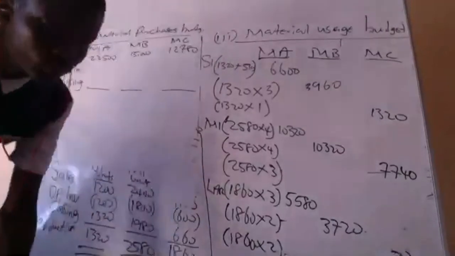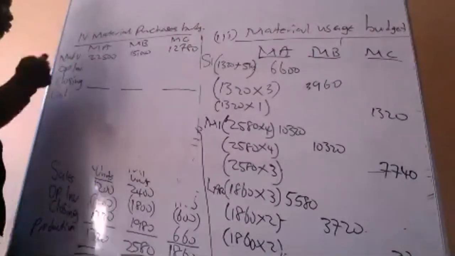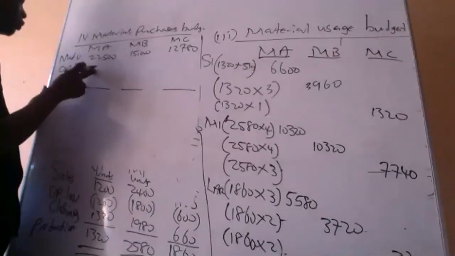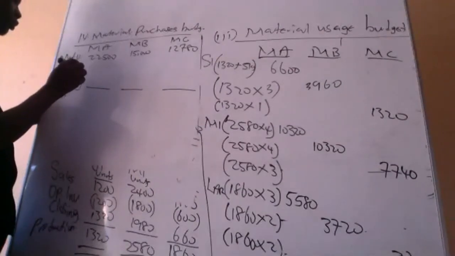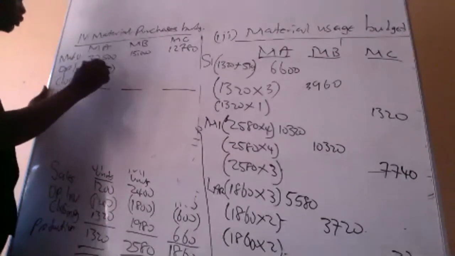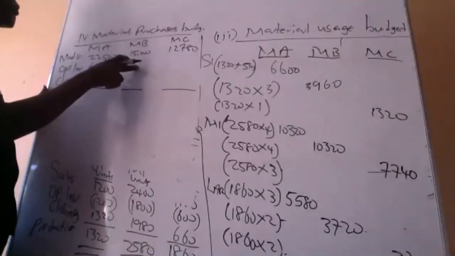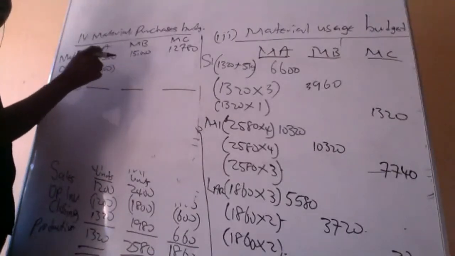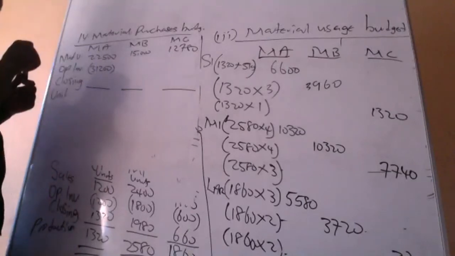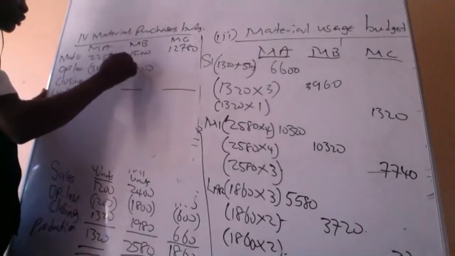Okay, good news. Can you give me the open inventory of raw material? So MA opening inventory is 31,200. Then MB will be 24,000.